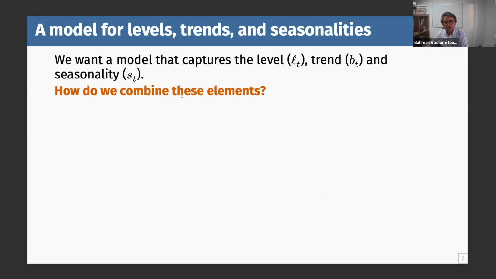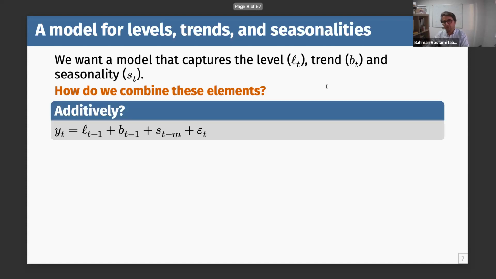In an exponential smoothing model, we want a model that captures the level, trend, and seasonality. The question is, how do we combine these components? We can combine them additively, as you can see: level plus trend plus seasonality plus an error term.